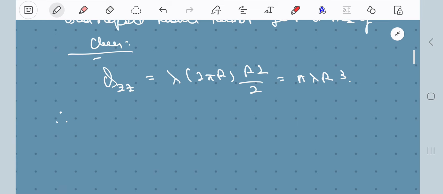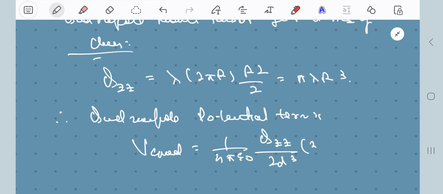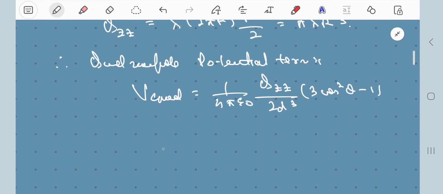Therefore, the quadrupole potential term is denoted as V quad, and this is given as 1 upon 4 pi epsilon naught, Qzz upon 2d cube, times (3 cos squared theta minus 1). So what should it come out to be?